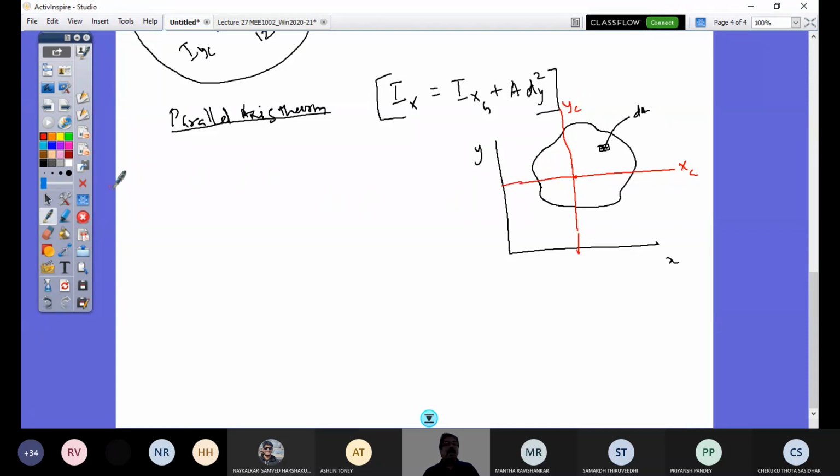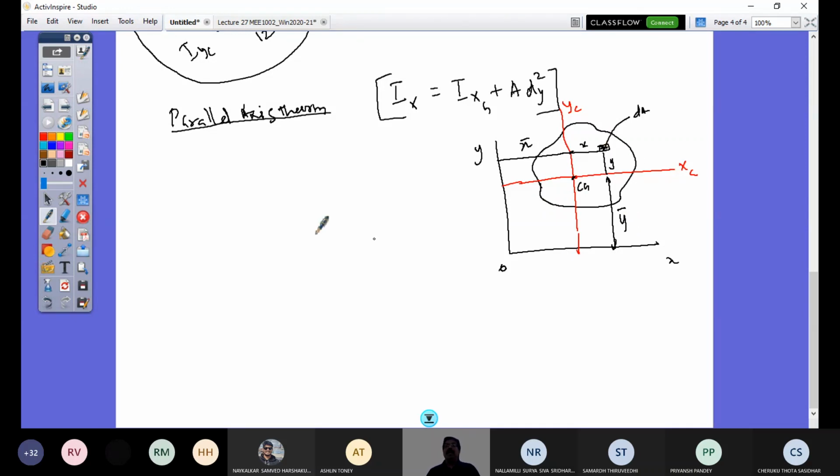And this element is located from XC YC axis at a distance x comma y. So let us say this is x and this is y distance from here. Whereas my YC axis is located from the y axis reference, if you have understood first moment principle, at x bar, right? You locate this centroid by finding x bar and y bar. So this distance is y bar.